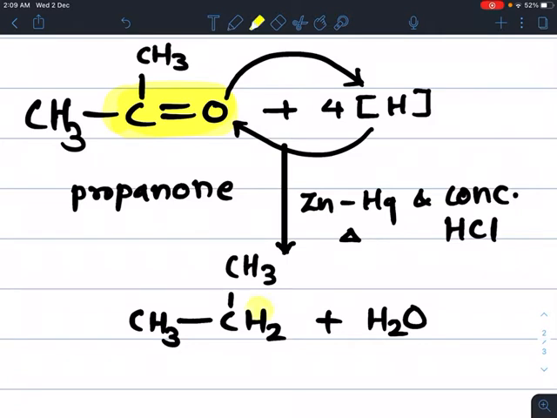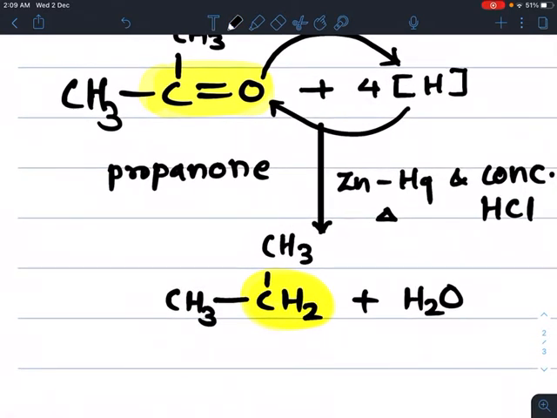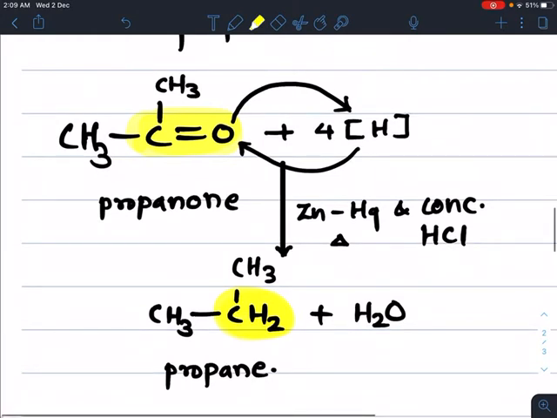Again the CO group is converted into CH2 group, the methylene group, and we get the corresponding propane. So propanone is converted into the same carbon containing alkane. From propanone we get propane.